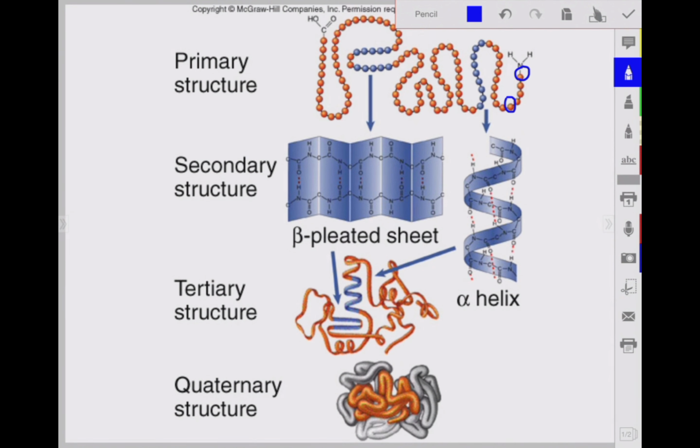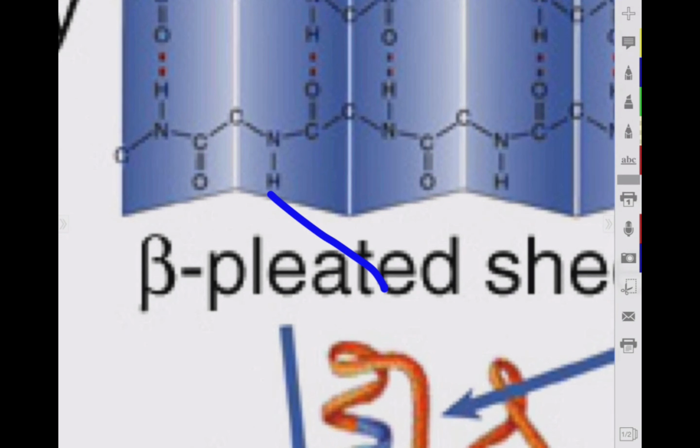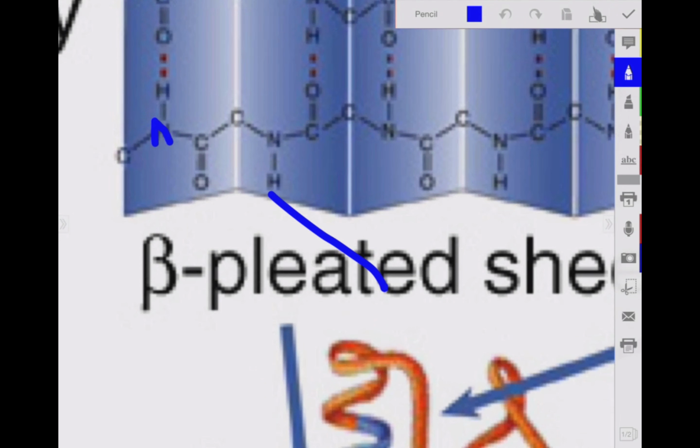Now, let's zoom in on this just a little bit. If you notice this nitrogen right here, it's also like oxygen. It's very electronegative. It's hoarding electrons. So hydrogen itself will be a little bit positive.